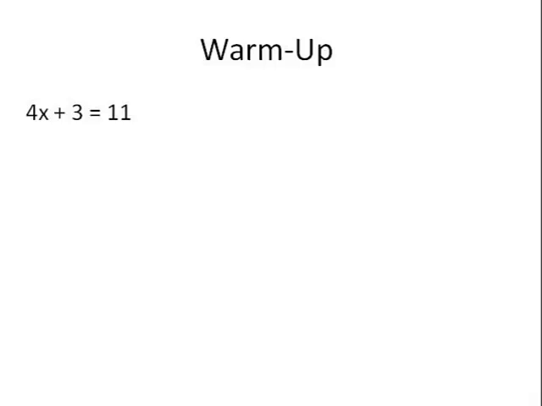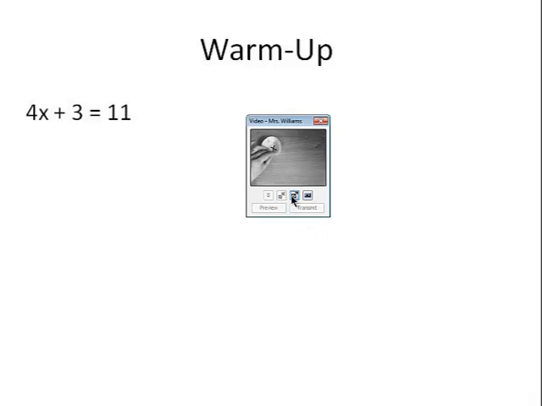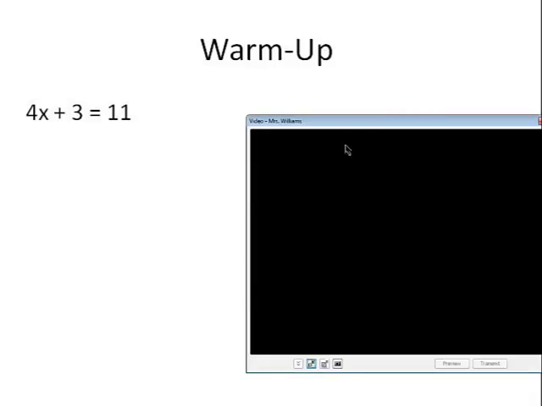Let's use our X boxes the way we did in the previous session, along with our pennies. So here the equation says 4x, so we're going to need to use 4 X boxes. So let's put 4 X boxes in our working space here.